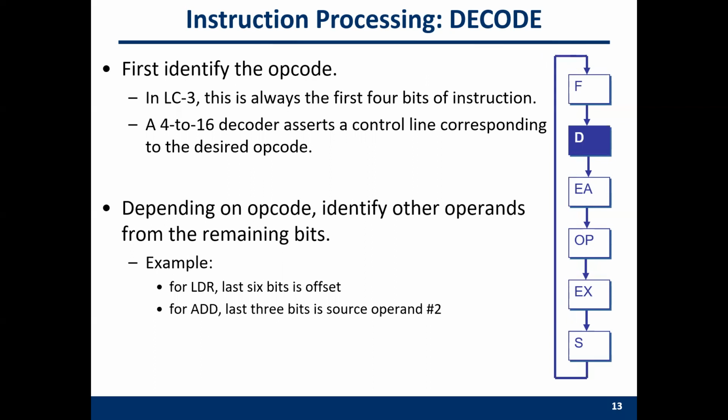And then the control unit will do the decoding. The first step of the decoding is to identify the opcode, like in the add instruction, it's 0001. When you meet 0001, you know that, okay, this is the addition.